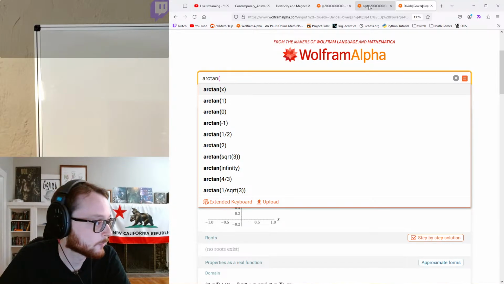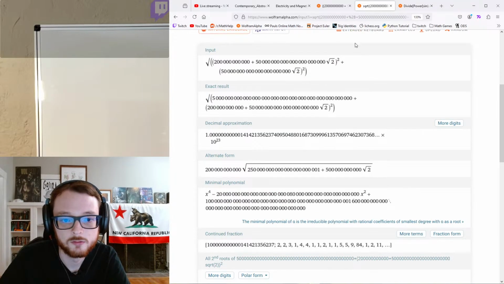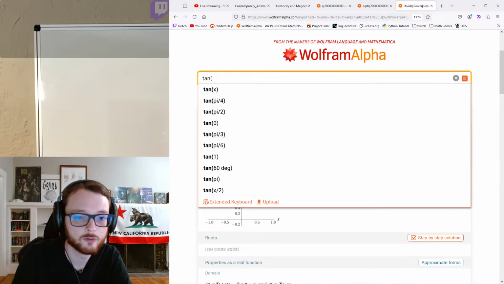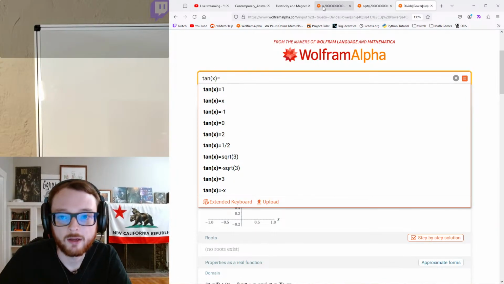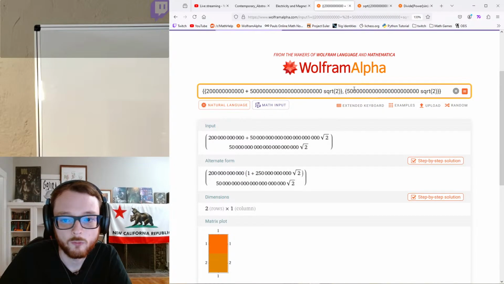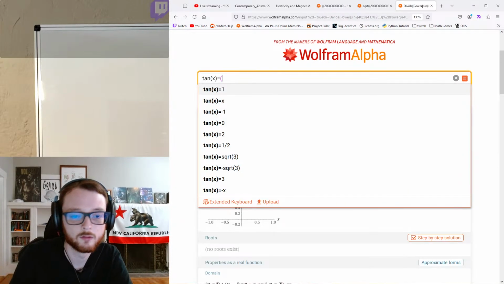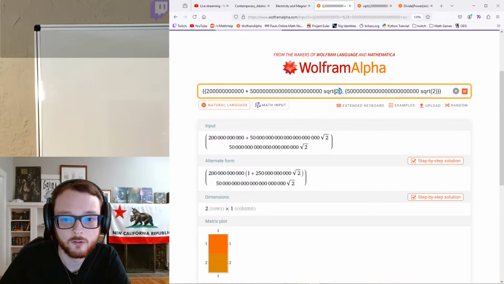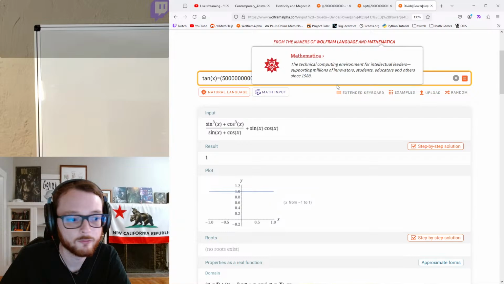And we expect the answer to be in quadrant 3. So maybe we actually want to give Wolfram tangent of x equals y over x.